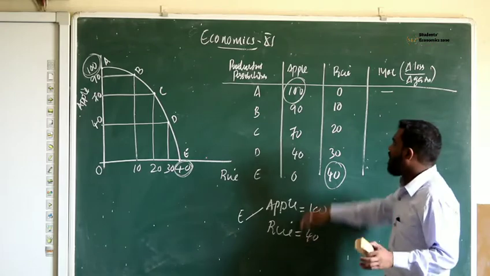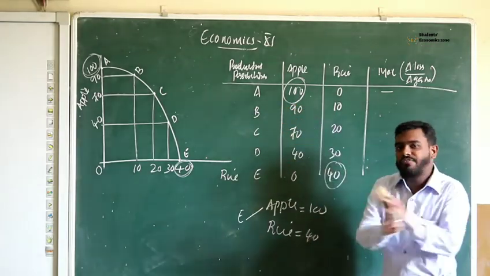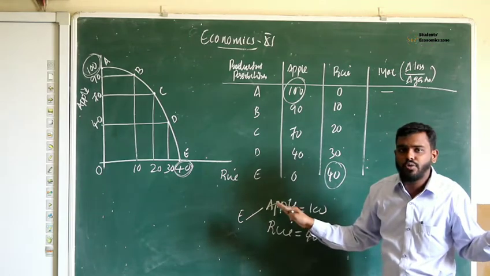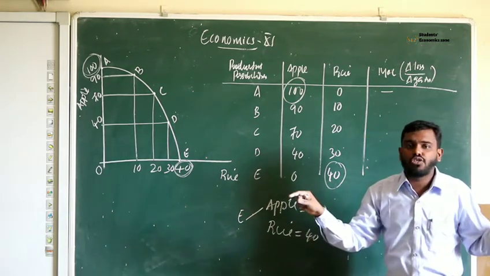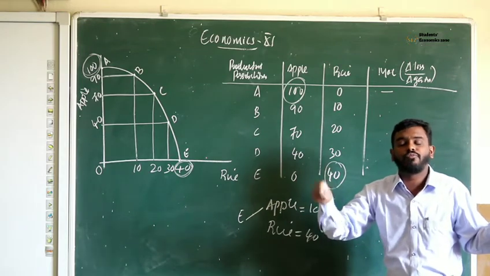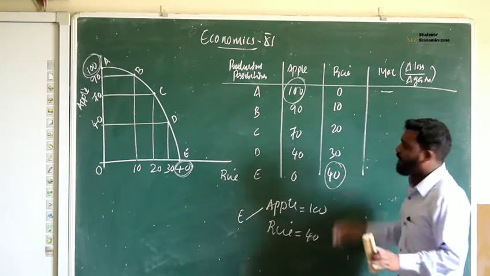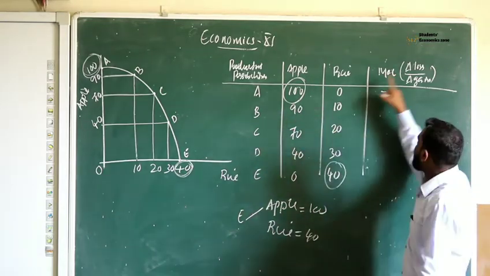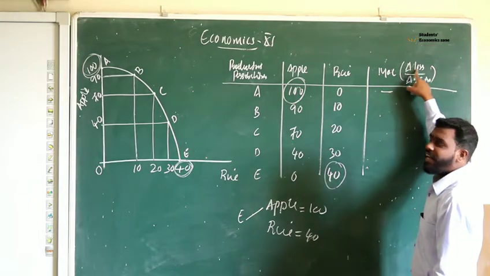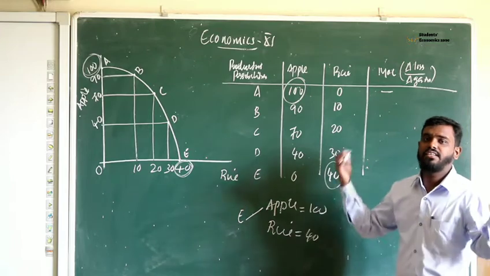Now we can calculate opportunity cost from the second point onward. In the first point, there will not be any opportunity cost because it is the starting point of production and the economy is not transferring its resources for the production of another commodity. So there is no opportunity cost. In the second case, that is MOC. For calculating MOC, we need delta loss, the change in sacrifice or change in loss.